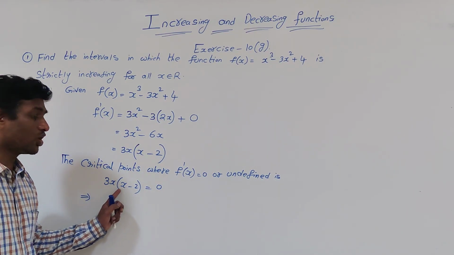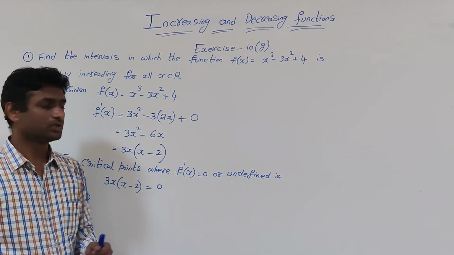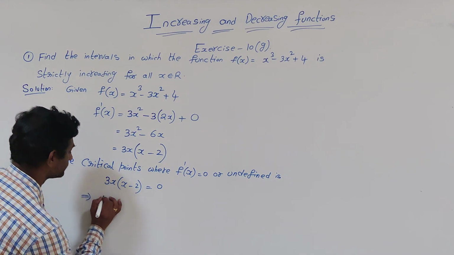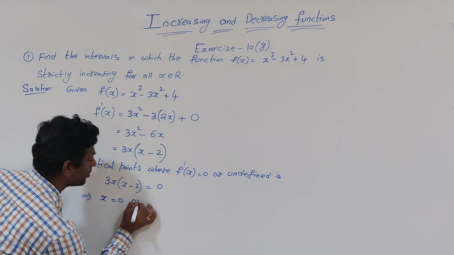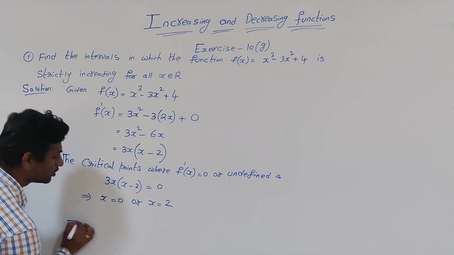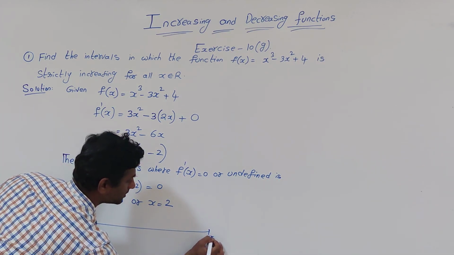As the product is 0, any one of them is 0, then the product will be 0. So either x is equal to 0 or x minus 2 will be 0. X is equal to 0 or x is equal to 2. So the domain is minus infinity to plus infinity.